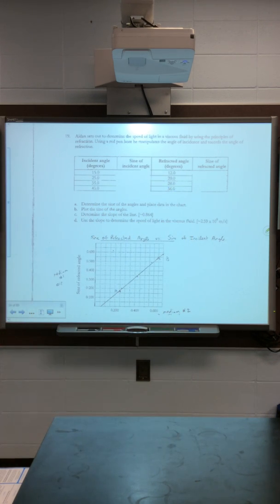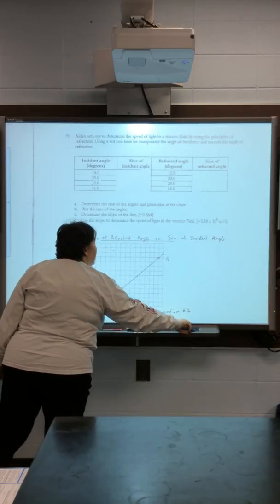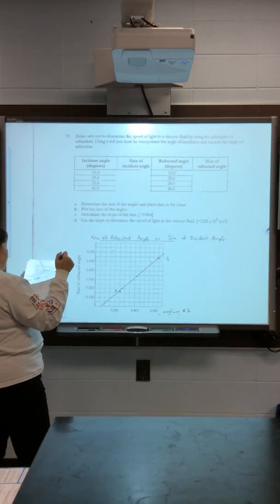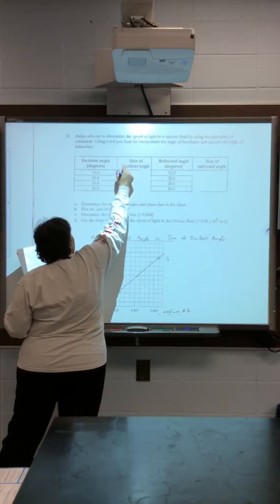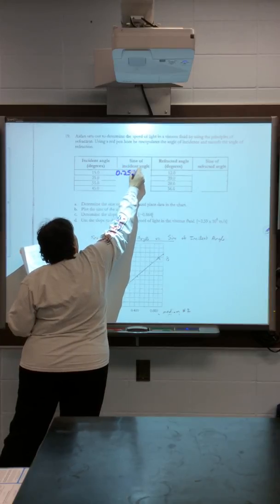It's asking us to determine the sine of the angles, put it into the chart, plot the sine of the angles, determine the slope of the line, and use the slope to determine the speed of light in the viscous fluid. So the first part, when we go sine of 15 degrees, we see that we get 0.2588.